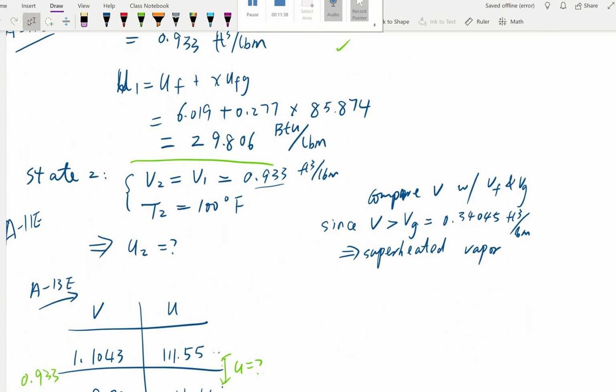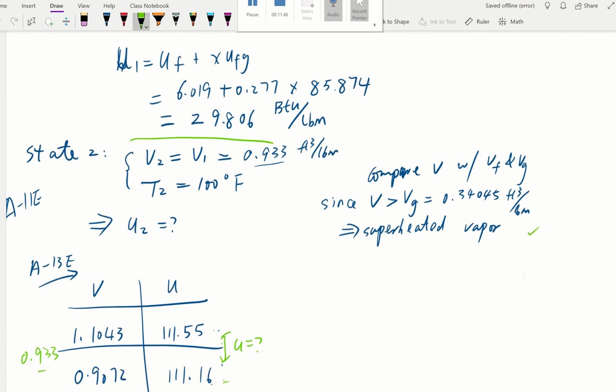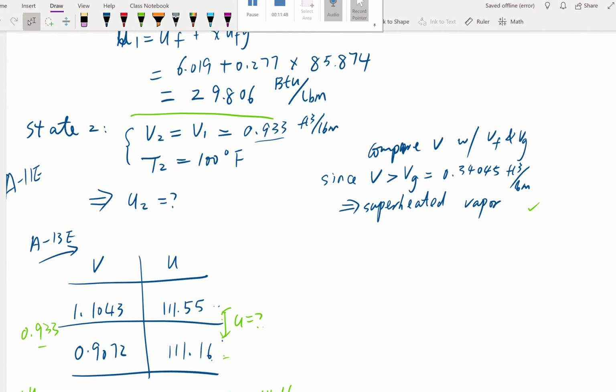Since V2 is equal to V1, then we did the evaluation, realized it's superheated vapor, and based on the specific volume, we need to find our U. So we find those two V that are close to 0.933, and we linear interpolate the U.